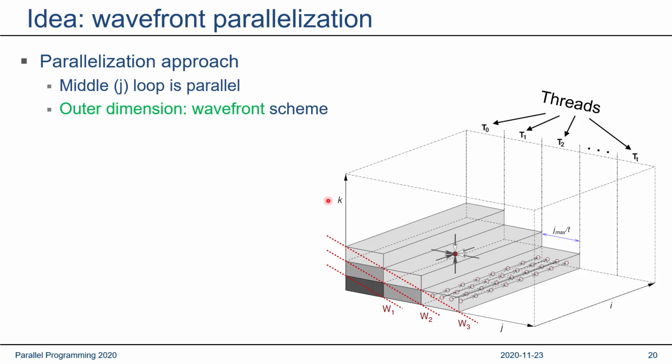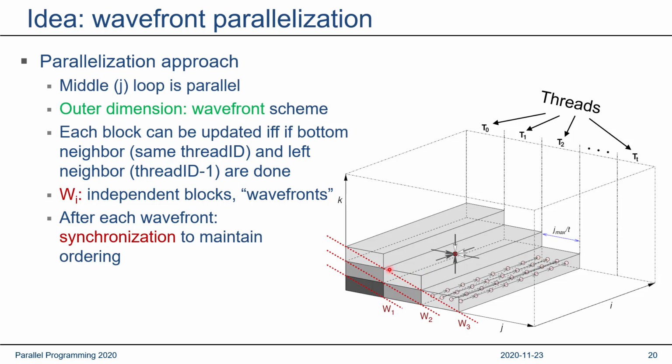The outer dimension K is not the OpenMP parallel dimension. It's actually a sequential dimension. It is the dimension in which the wavefront scheme works. The inner dimension I is always traversed completely. So whichever thread gets a particular K,J combination always updates the complete range of I's.